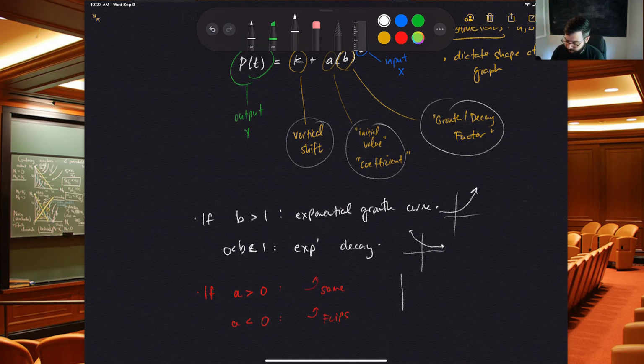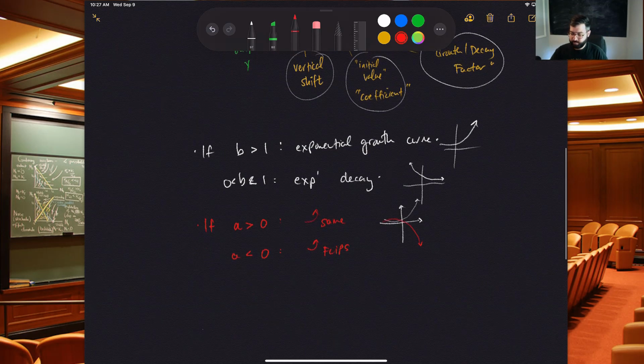And so instead of growing exponentially like this, it's going to be shooting downwards with the same amount of acceleration. And so the same with decay.